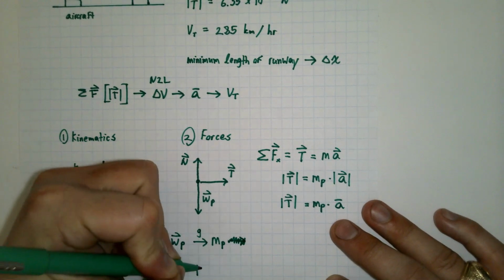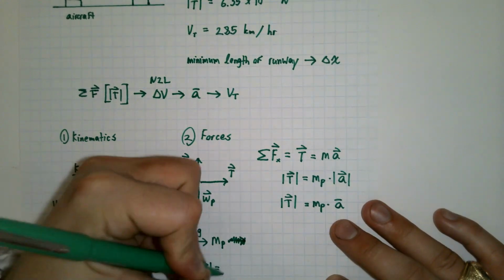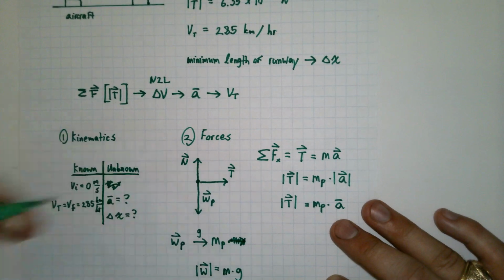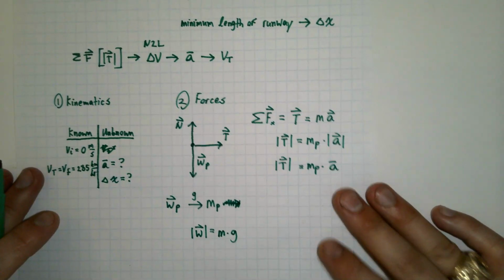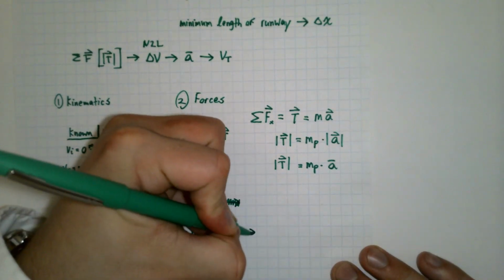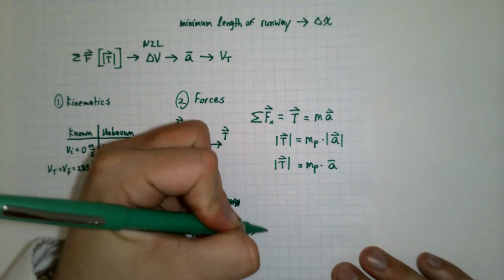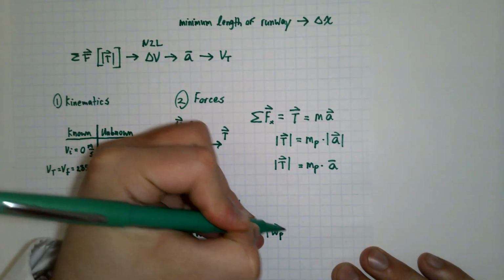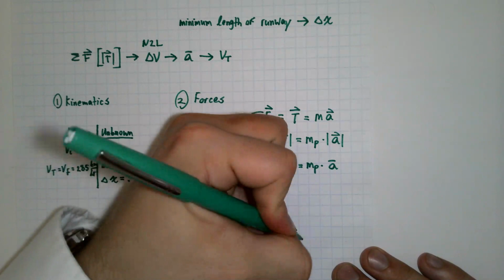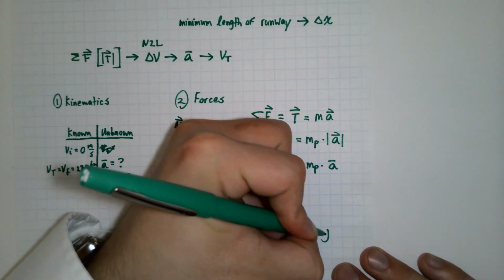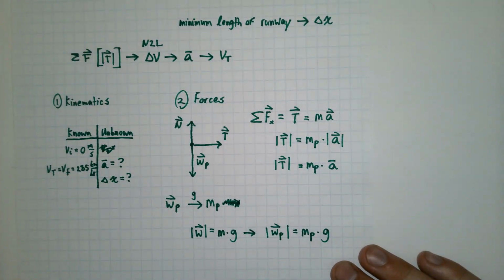We know that the weight of any object is the mass times the gravitational field that that object's in. We'll apply this to our situation. The weight of the plane equals the mass of the plane times the gravitational field the plane's in. We know the weight of the plane.